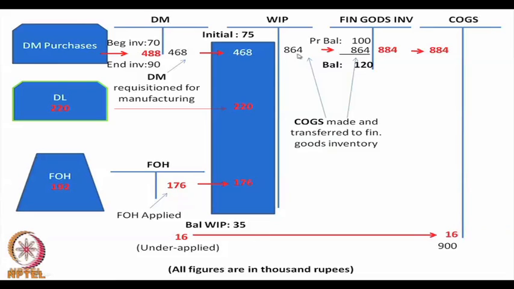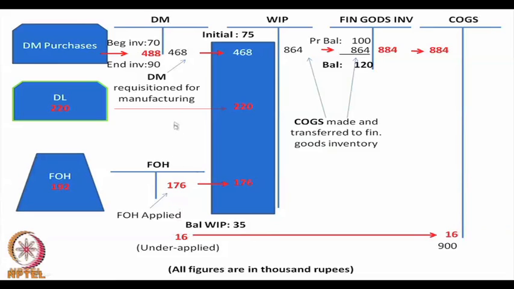How much WIP was transferred to finished goods was also given. So, 900 was also given. Whatever is in black and white is given. We are calculating, and the values asked for are written in red.